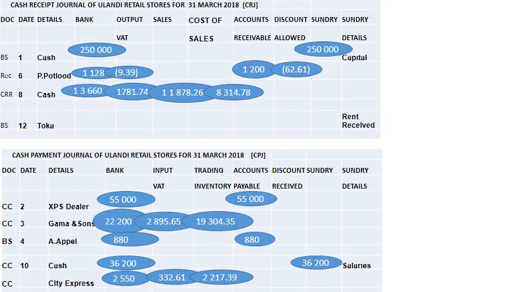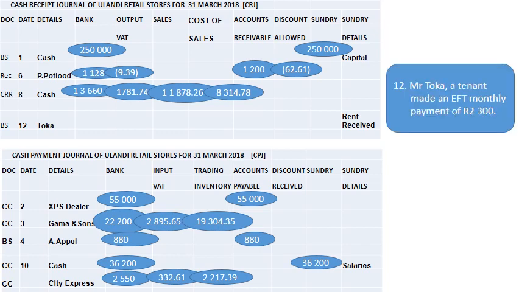The last transaction is line 12, where Mr. Toga, a tenant, made an EFT monthly payment of 2,300. An EFT will be a direct deposit. Therefore, it will be recorded in the cash receipt journal as follows.